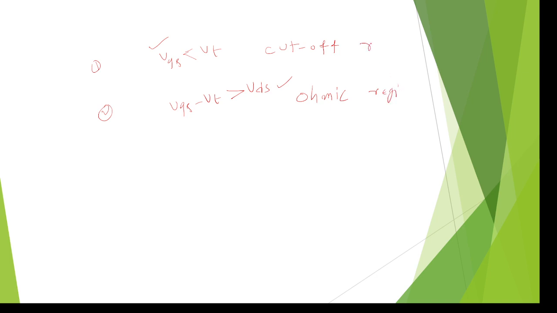So this is the cutoff region, and this is the ohmic region. And the third condition, when VGS minus VT is less than or equal to VDS. If we give the voltage between drain and source, then the current will flow from source to drain completely, and this region is named the saturation region. So that's the reason there are three regions for a MOS transistor.